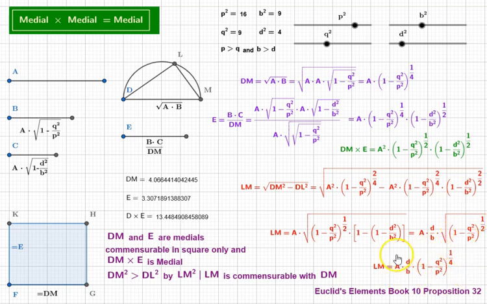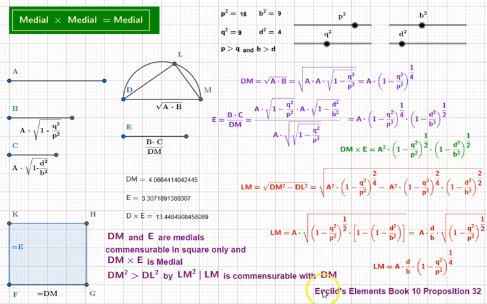And here you can clearly see that LM is nothing but a rational multiple of DM. D by B is rational. So LM is D by B multiple of DM. So we have shown that LM is commensurable with DM.